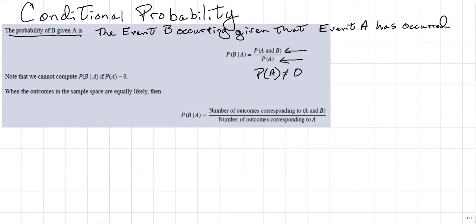And if we're going to talk about this in terms of outcomes, the probability of the event B given A is simply going to be the number of outcomes occurring to A and B divided by the number of outcomes occurring to A.